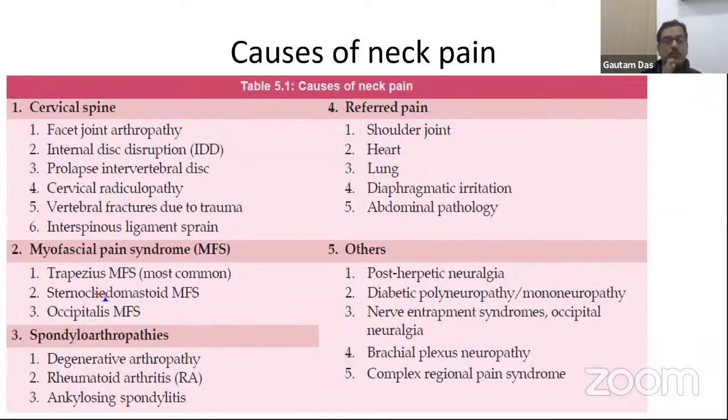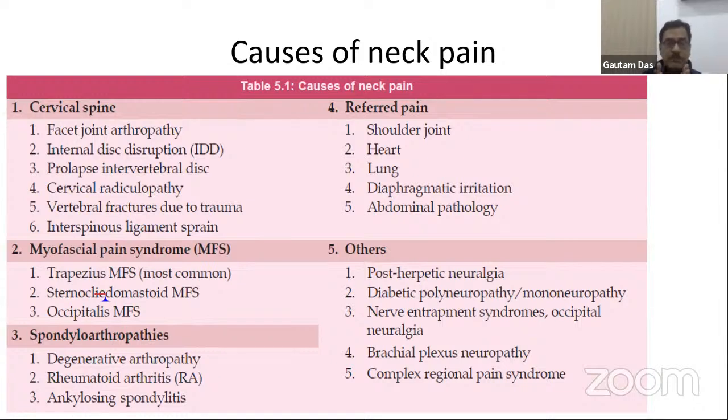So when we are talking about the cervical area, the causes include the anatomical sources, the pathophysiological reasons, and next the extrinsic causes, meaning the pathology is not in the structures of the neck but is coming from other structures. So I was discussing the sympathetic innervation, because the sympathetic innervation is common between the thoracic and abdominal structures and the neck and shoulder.